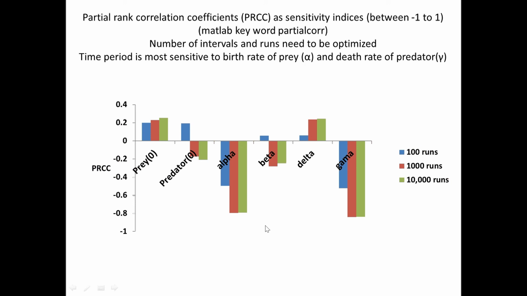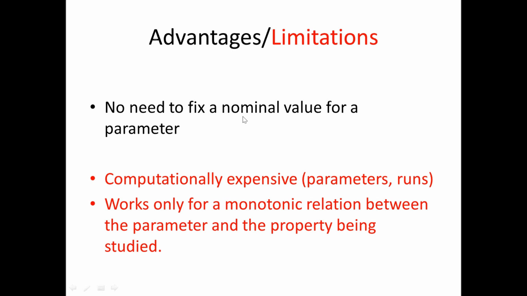And again, for the global sensitivity analysis, the answer will change depending upon the number of intervals you choose and the number of runs you choose, and you need to optimize it so that you get the correct result. Okay, so the advantage of this method is you don't have to fix a nominal value.